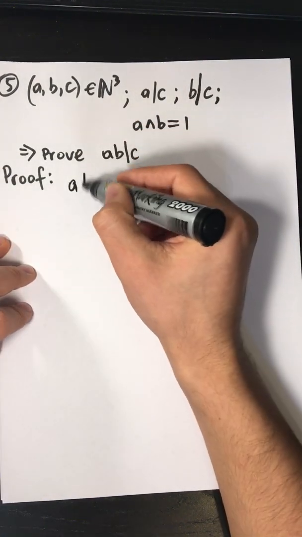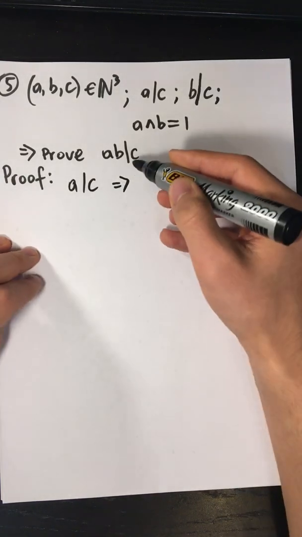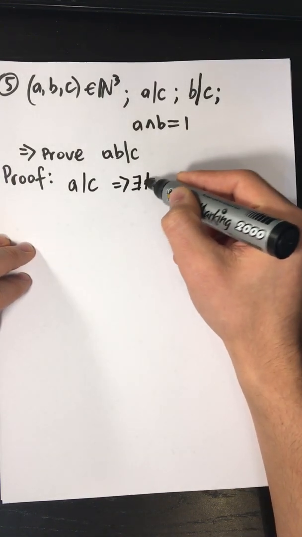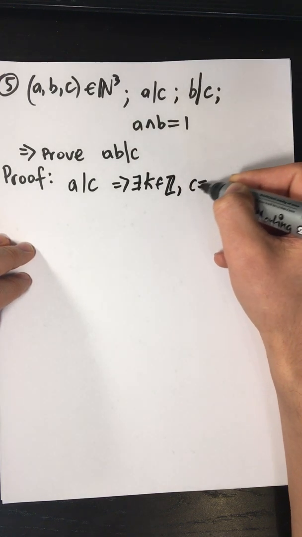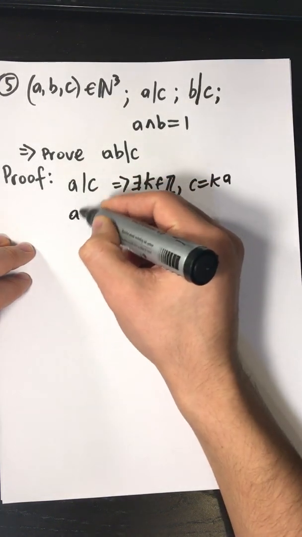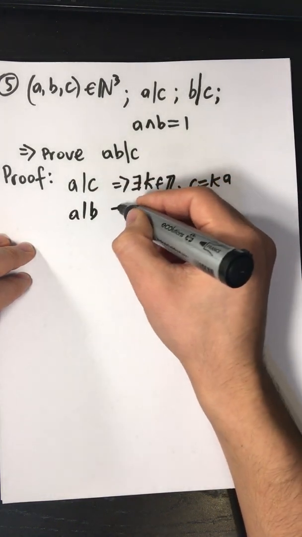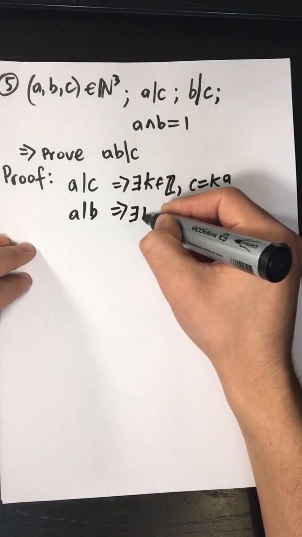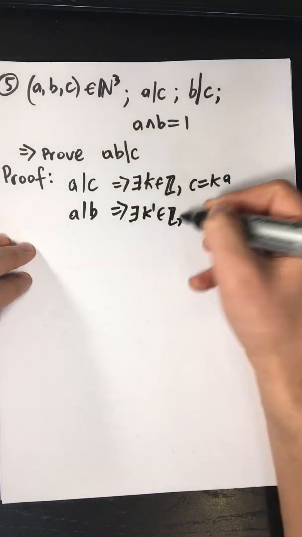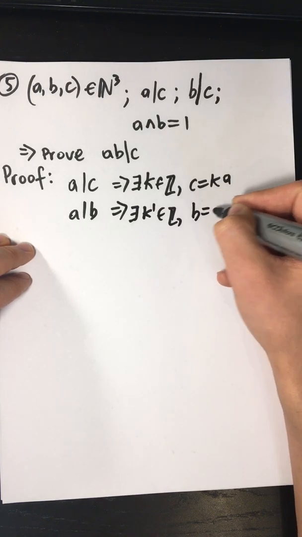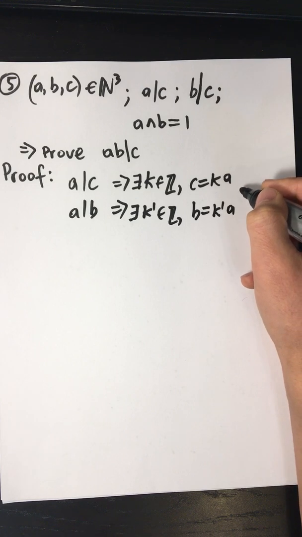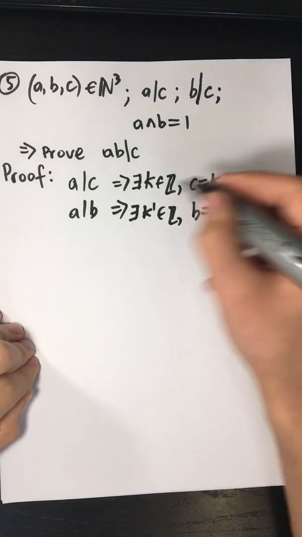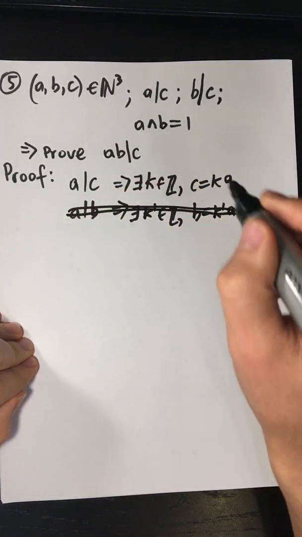So we have a divides c. From this we can say that there exists k, which is an integer number, of course, c equals ka. Then b divides c means there exists, let's say, k dash, which is an integer, c equals k dash b. Oh, wait, it's not given, just forget this.